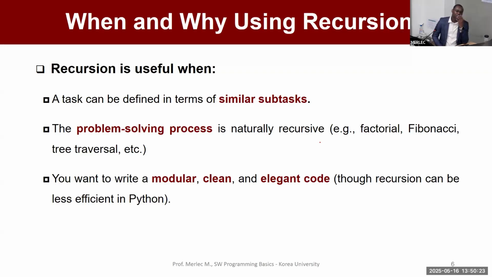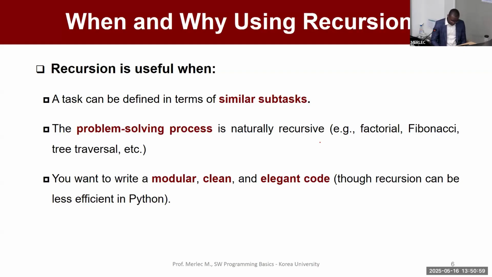So when and why do we need to use recursion? This can be a question that you may have in your mind. Use a recursive function when we have a task that can be defined in terms of a similar subtask, okay? A big problem which can be containing a subtask of the same type. In such kind of situation, you can use recursion.